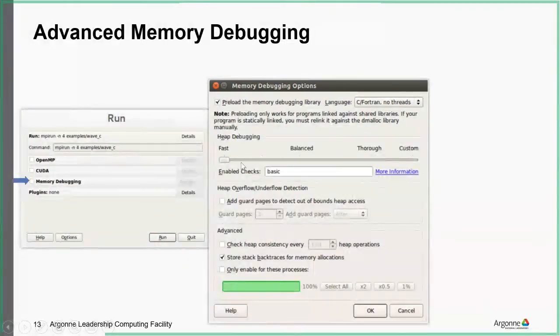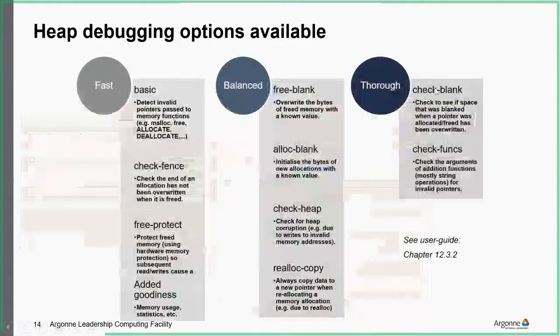By default, it's going to be set on balanced, and balanced is a good mix of tests that checks for some memory errors. As you go from left to right, from fast to thorough, you enable more of these checks in your code.